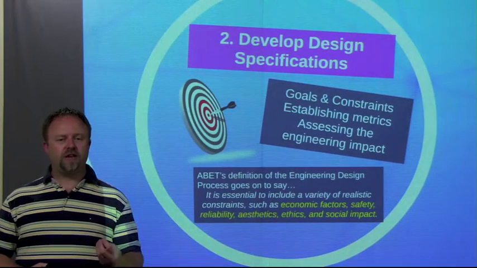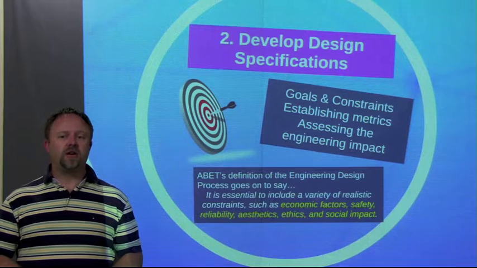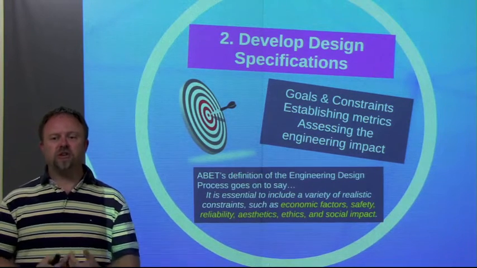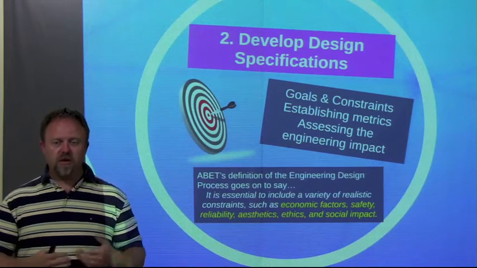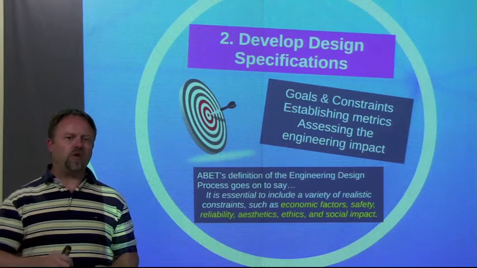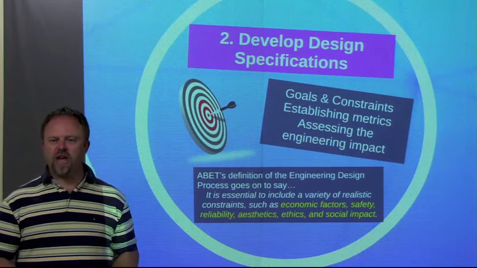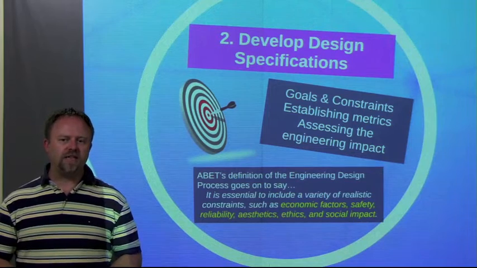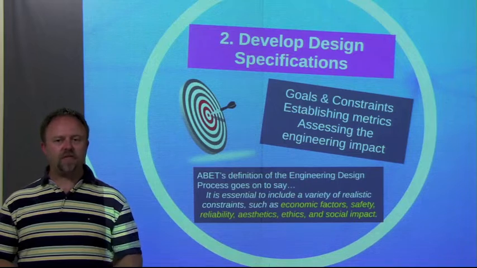So then we want to try to develop some design specifications. These are our goals and our constraints, written in more engineering terms, to determine how we're going to achieve our goals and what types of metrics we can use to know that we're meeting that goal or that constraint. There are lots of functional types of constraints, and ABET also has a list of constraints that may be outside of the normal list, such as economic factors.